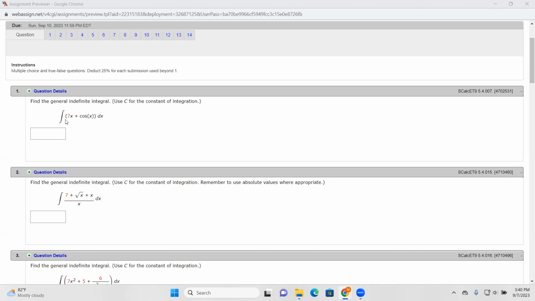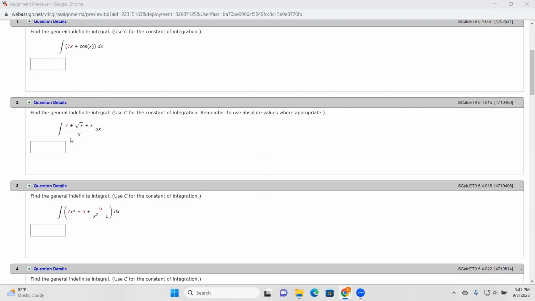Were we to have bounds, a and b, on this integral, then you could take the capital F function that you would find for this exercise, plug in b, plug in a, and subtract, and you'd get the associated signed area between the graph of the function little f of x equals 7x plus cosine x and the horizontal axis. But in our case, since all we're doing is finding the general indefinite integral, indefinite meaning no bounds, definite integrals have bounds, we're just going to find the capital F function, as we said, 7x squared over 2 plus sine x plus C, and that's that.